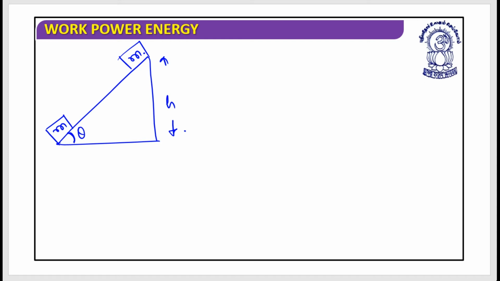So if I consider it according to the displacement, let's assume that a block was here in the initial situation m, and it has finally reached to here, and this has been displaced by h height.